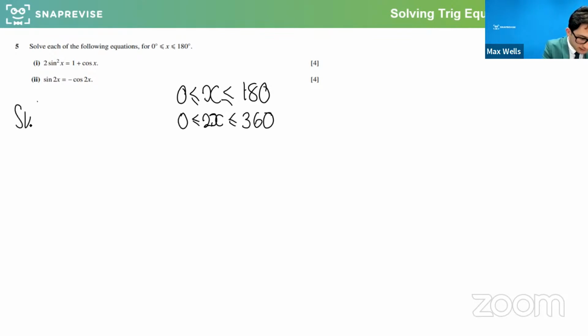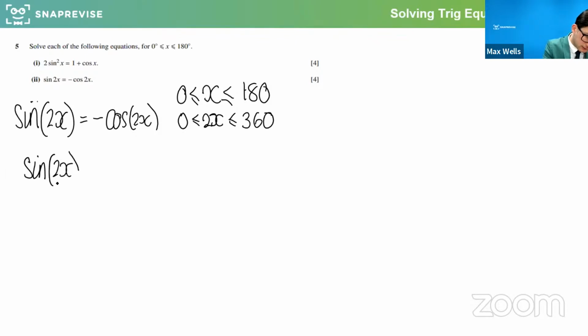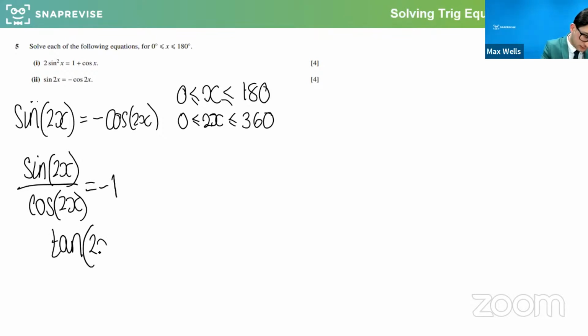Now here, sine of 2x is equal to -1 lot of cos 2x. So if I divide both sides by cos 2x, I get, I'm going to write this explicitly, sine 2x over cos of 2x is equal to -1. So tan 2x is equal to -1.